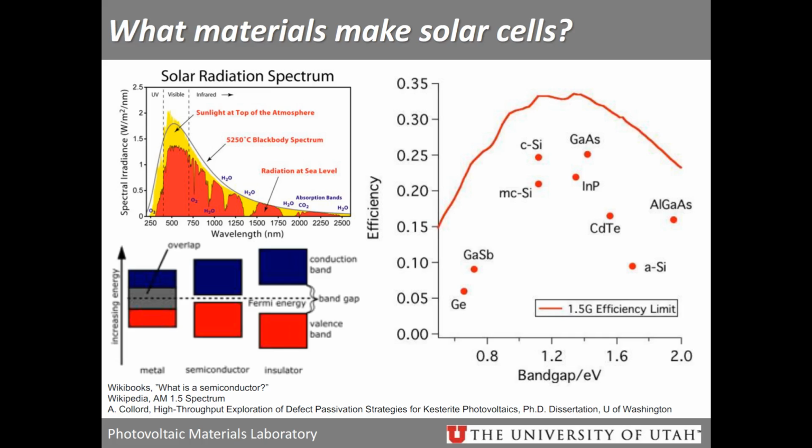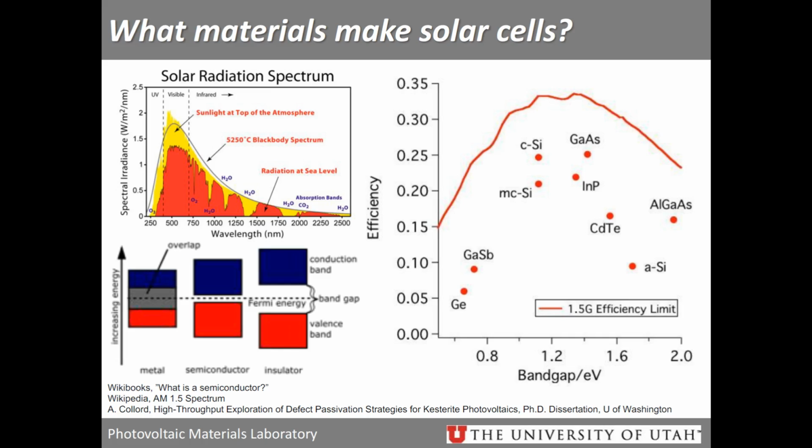You can employ simple metals, where the valence and conduction bands overlap with each other, semiconductors, or insulators. The semiconductors are probably the way to go, and what I depict here are different classes of semiconductors. Semiconductor materials seem the most viable to tackle these challenges of making a solar cell.